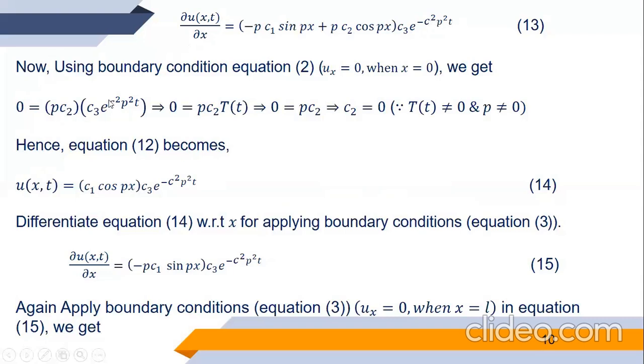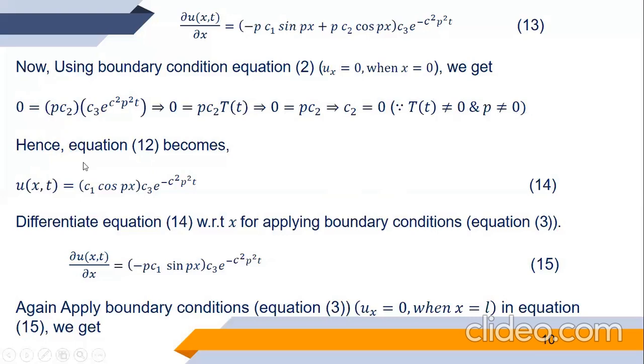So this implies 0 is equal to pc2 into T of t, and implies 0 is equal to pc2, and implies c2 is equal to 0 because T of t not equal to 0 and p not equal to 0.